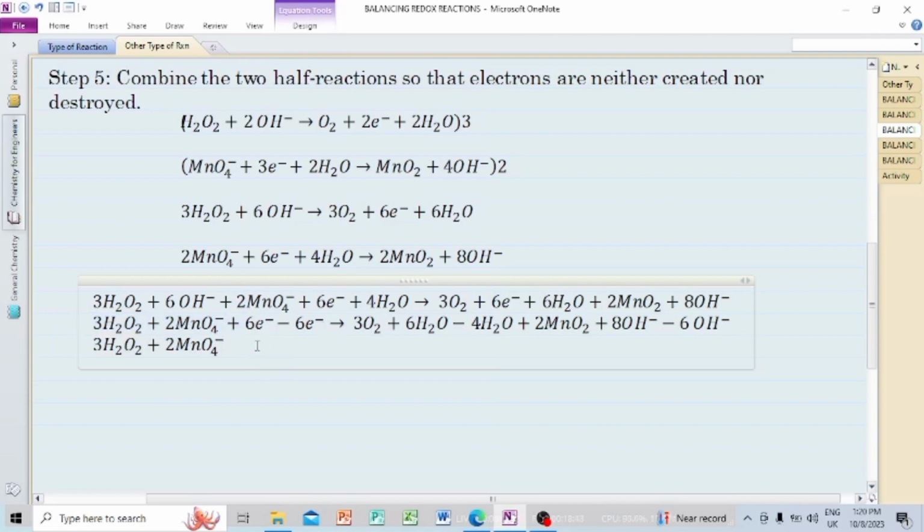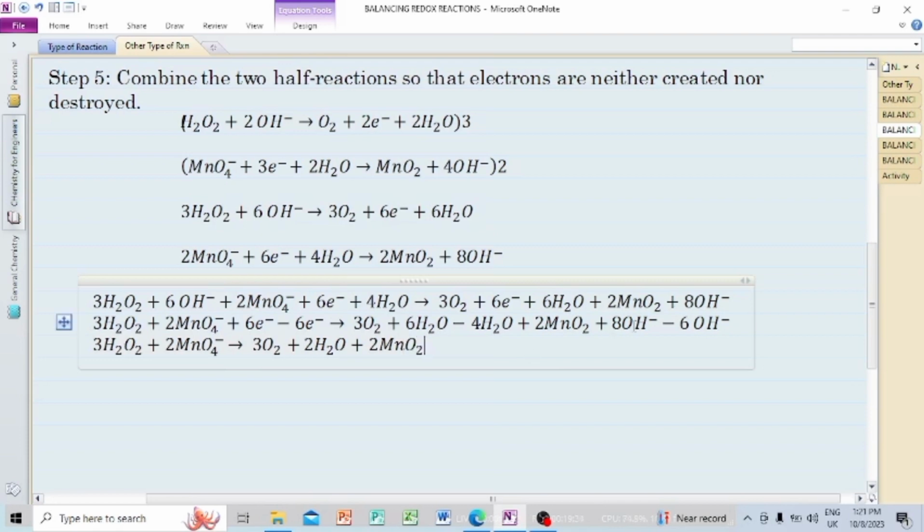This will yield 3O2. 6H2O minus 4H2O is 2H2O, plus 2MnO2.